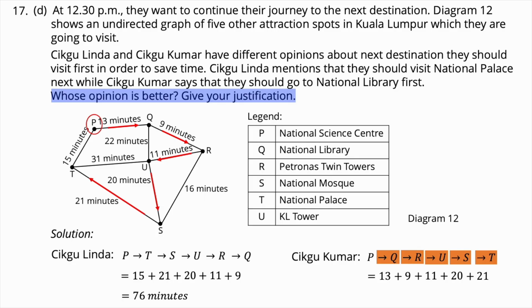The total time covered by Jacukumar is 74 minutes. According to the results, Jacukumar's opinion is better since his route is 2 minutes shorter compared to Jaculinda's.